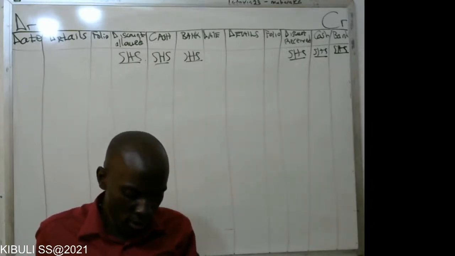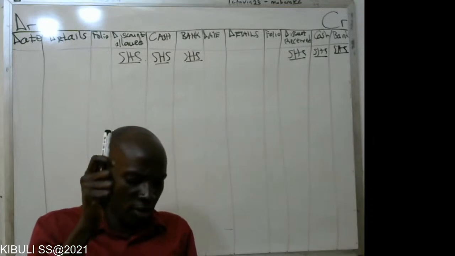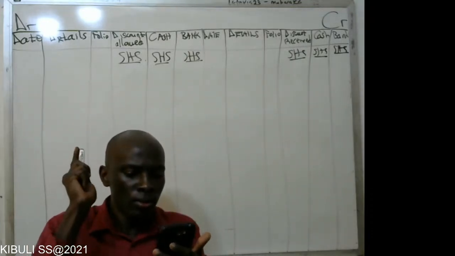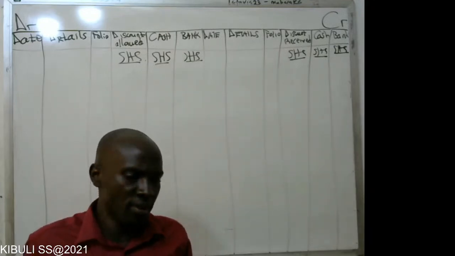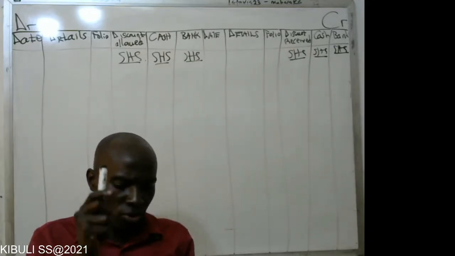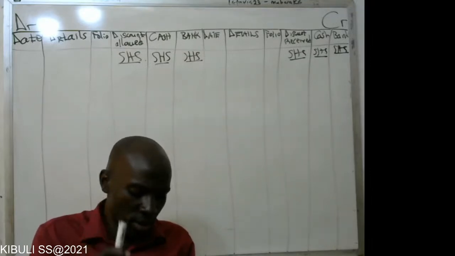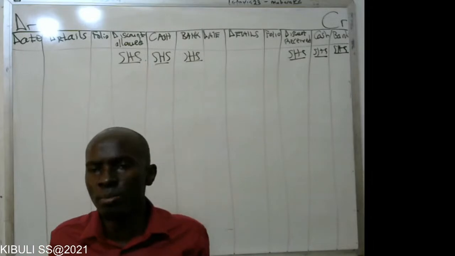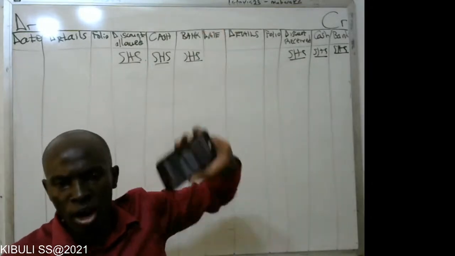Mr. Okot had the following transactions in his business during the month of June 2017. That opening statement gives you the title of our 3-column cash book.